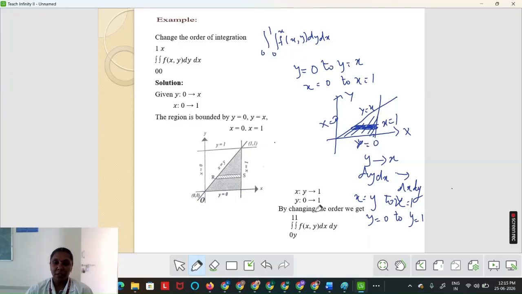By changing the order, we get integral 0 to 1, integral y to 1, f of x comma y, dx dy. This is the change of order.